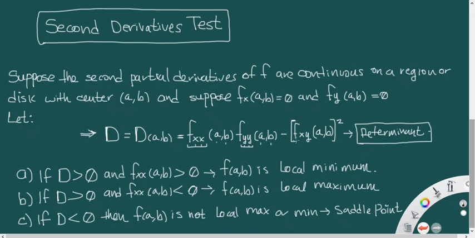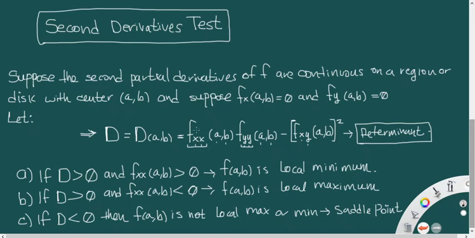This is, you calculate the derivative with respect to x, and then the result you are going to differentiate with respect to y, and that is going to be evaluated at the point (a, b). And this is going to be raised to the square.